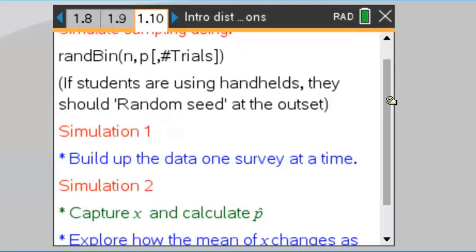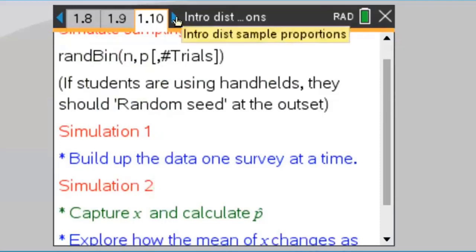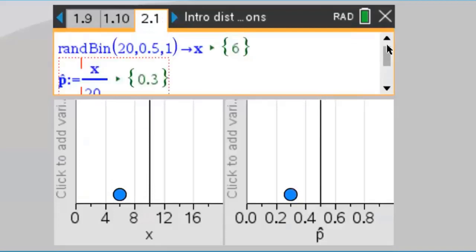All right, so we're going to build up a model of the sampling distribution, one survey result at a time. So the architecture of this page: in a maths box, in a notes page in the top third, I've got the number of successes, which are generated randomly, so that's the number of successes from a random sample, and the corresponding proportion.